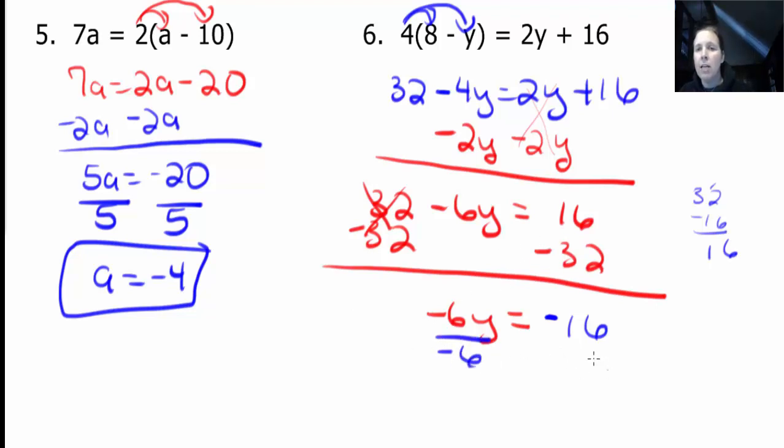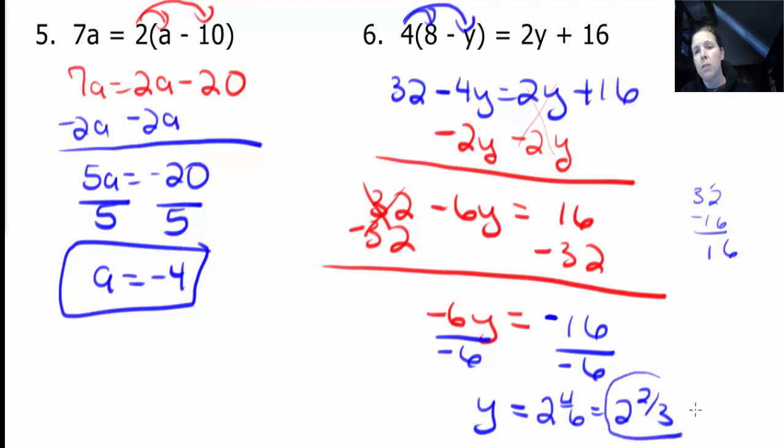Divide by negative 6, divide by negative 6, so this one's going to be a fraction, which is fine. My answer is going to end up being positive, though. So it would be 16/6, which is 2 2/3. Is that right? 1, 2, 3, 4, 5, 6, yeah. 2 2/3.